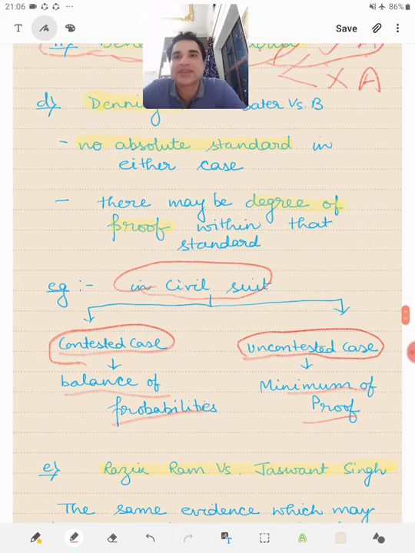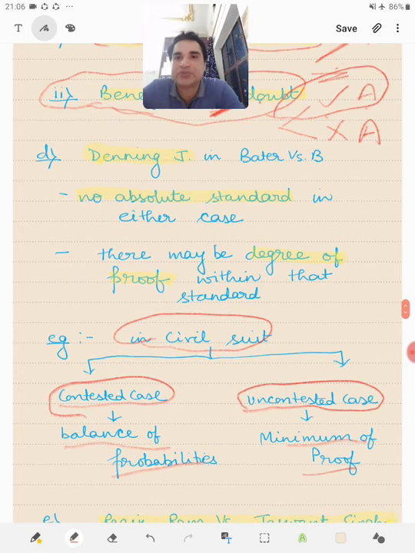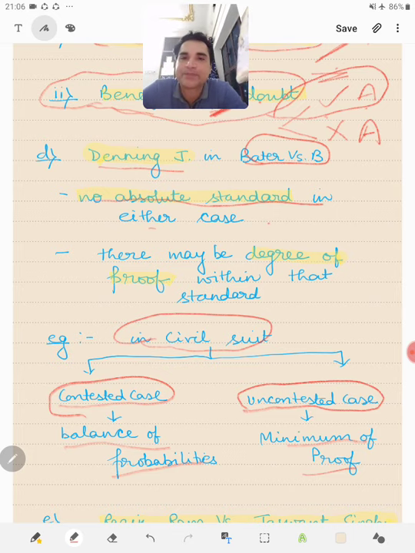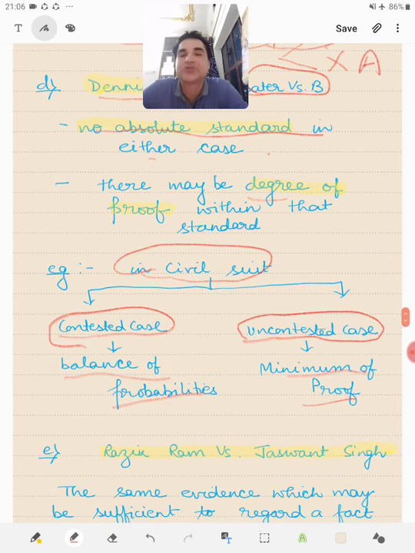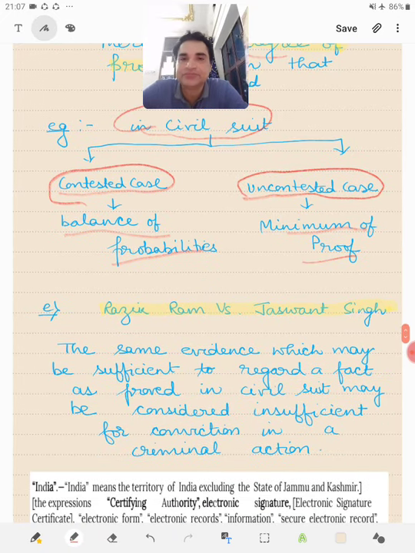Similarly would be the case of criminal proceedings. So this was laid down by Justice Denning in the famous case of Bater versus Bater, where he says that there is no absolute standard in civil or criminal proceedings, and there is a degree or standard of proof within the civil proceedings as well as within the criminal proceedings, which would vary with the nature of the case.